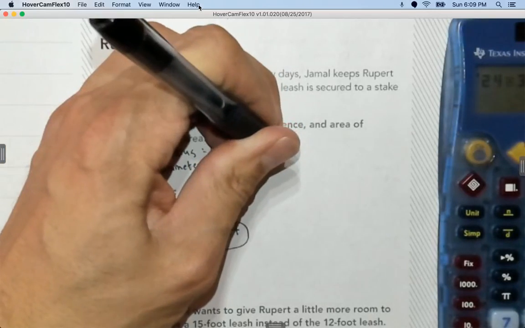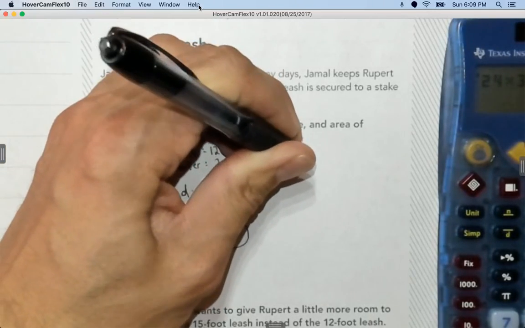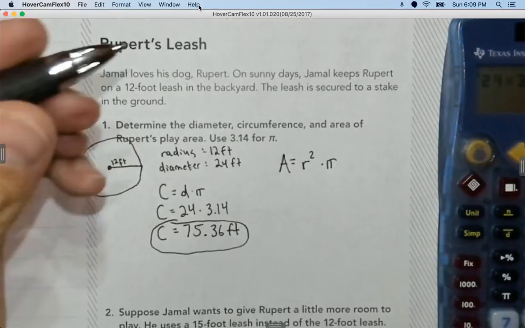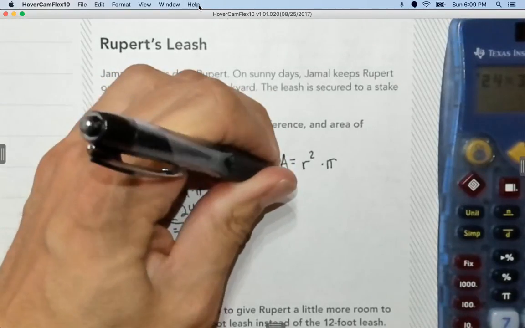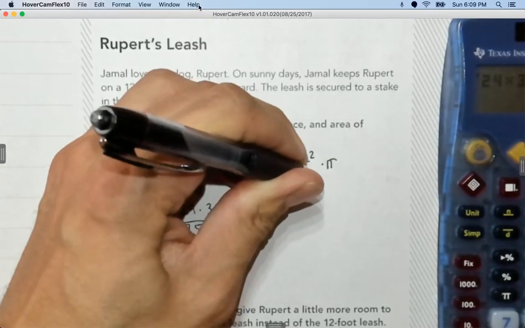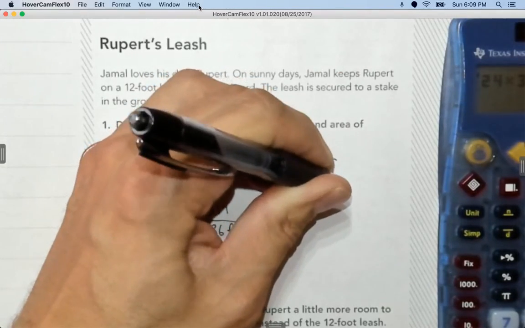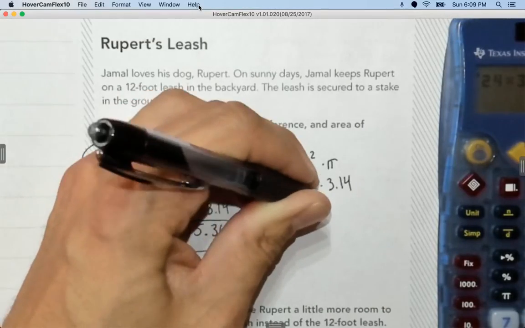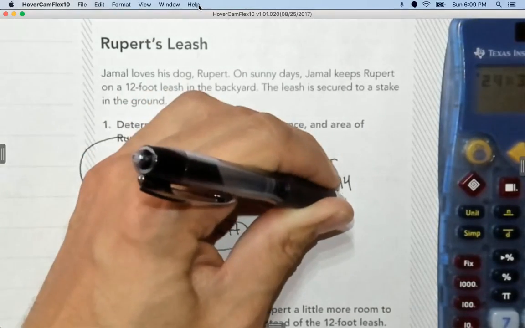Okay, so it's diameter, circumference, and area. Area is going to be radius squared times pi. I could flip that around with the commutative property of multiplication, but that would be 12 squared times the approximation for pi, which would be 144 times 3 and 14 hundredths.